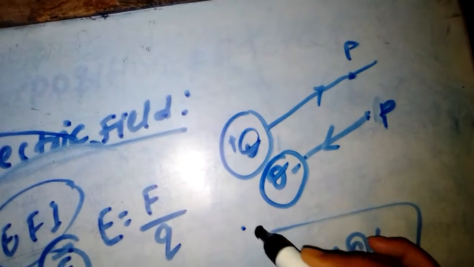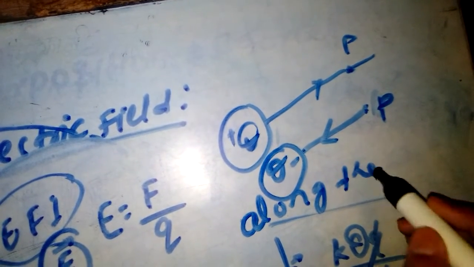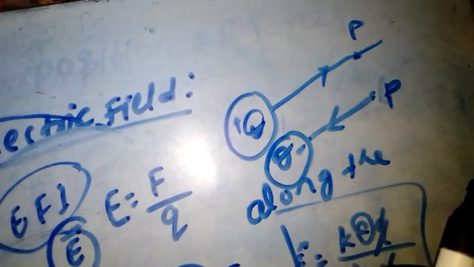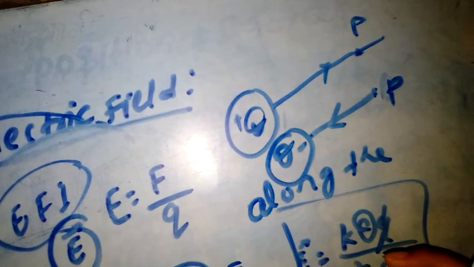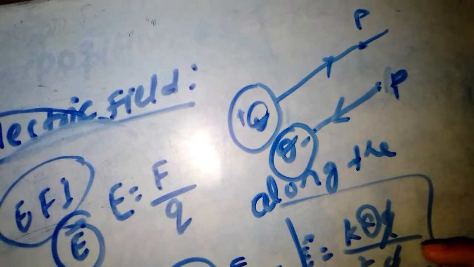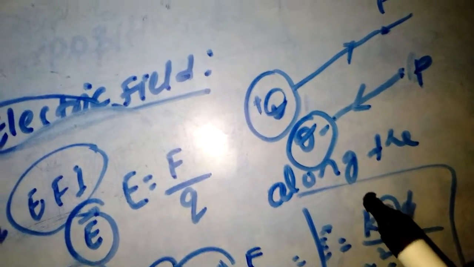Keep this in your mind, along the line, because in the next chapters we have to see the difference between Coulomb's law and Biot-Savart's law. That is clear, I think.